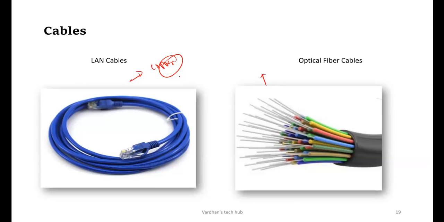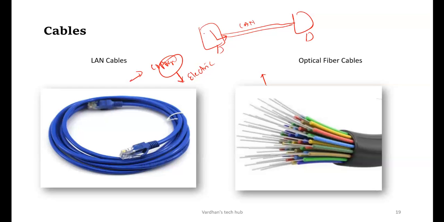In the case of copper cable, the traffic will go as an electrical signal. Suppose you are sending information from one computer to another computer connected with a LAN cable. Whatever data you send, it won't be sent exactly as is.